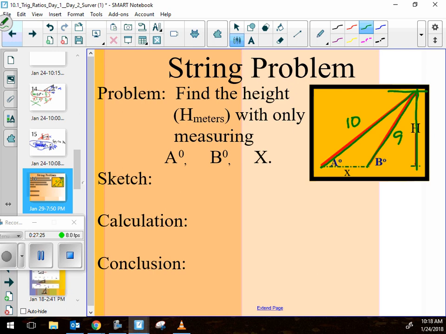Then I could use that to figure out how big h is. But what would I need to know? What do you need in a right triangle? One side, one angle. I got the sides. I just need the angles. All right. So let's say I knew that this was 60 degrees.